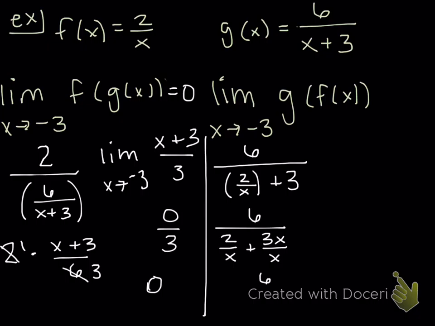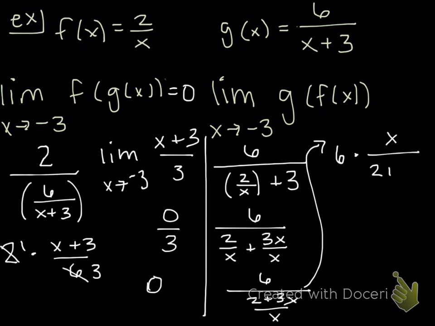Now I have common denominators, so this will become 6 all over 2 plus 3x over x. The whole point of getting common denominators is so I can add these together. Now I keep change flip, so I have 6 times x over 2 plus 3x. So this will become 6x over 2 plus 3x.